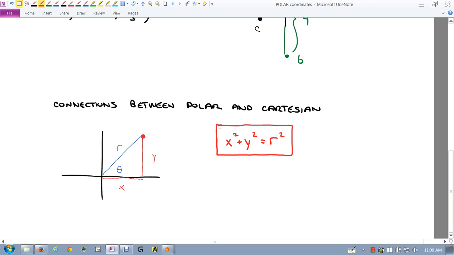We have the relationships we had earlier when we were doing the circle with parametric. We have a way of determining x in terms of r and theta. So just write out cosine theta is x over r and then solve for x. And same thing here. So these are two more connections that we have.